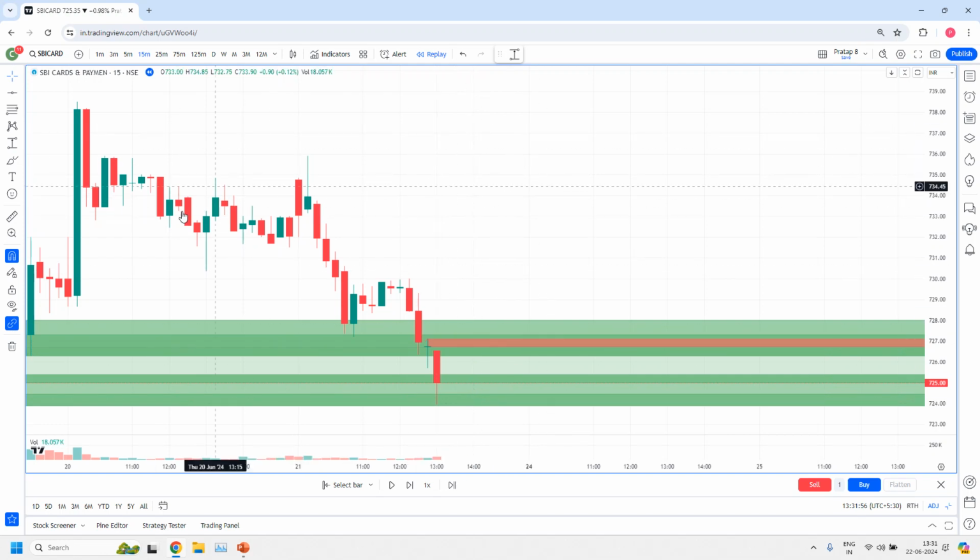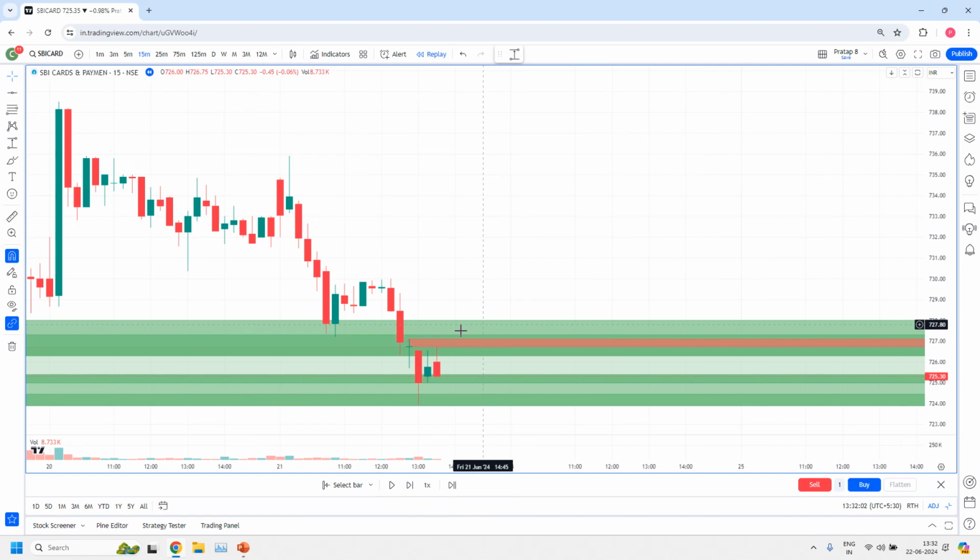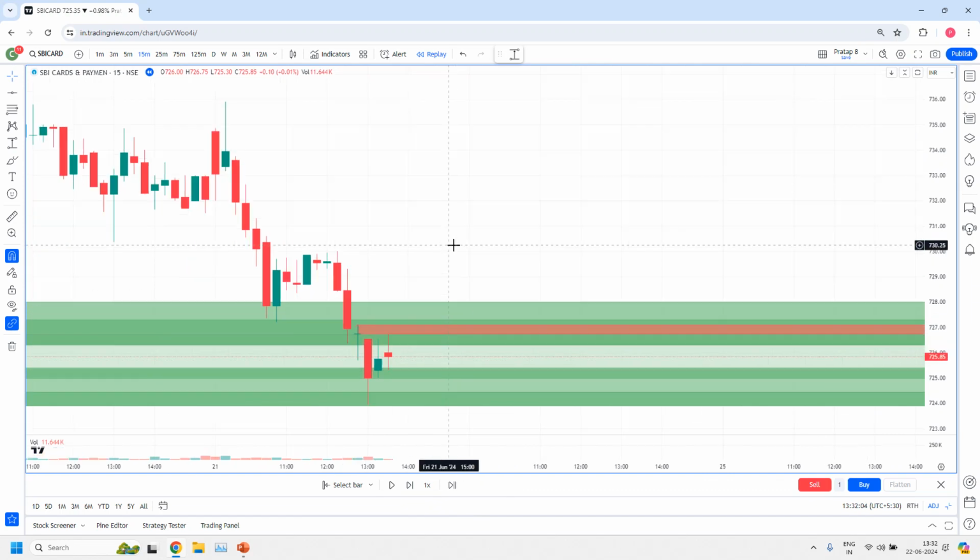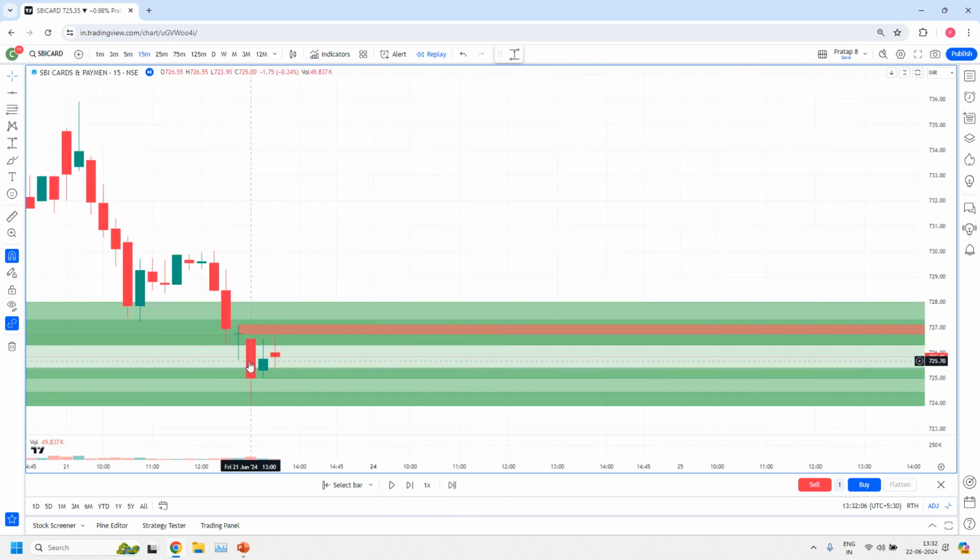And after that, it reached the target. And within 15 minutes, the trade is completed. At 1 o'clock, you got the entry, 1 o'clock 5 minutes candle.